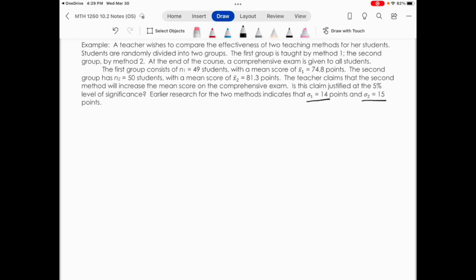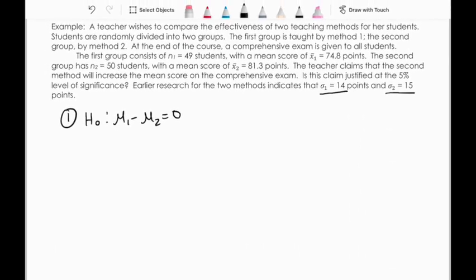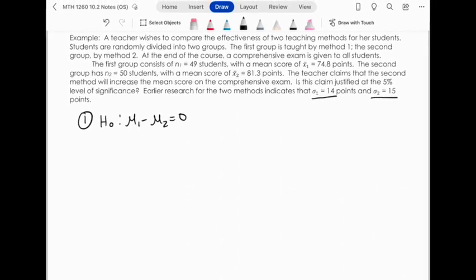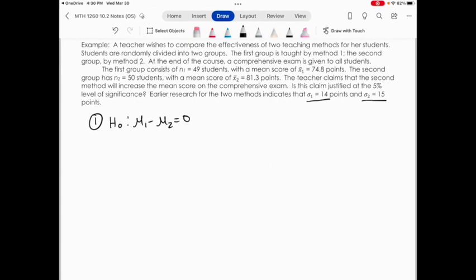All right, so for this one, we are questioning whether or not the second group is going to have a higher grade. So when we set up our hypothesis, the null hypothesis is going to be the difference between the means. We're going to start off assuming there is no difference, and then we're going to check to see if there is a difference.